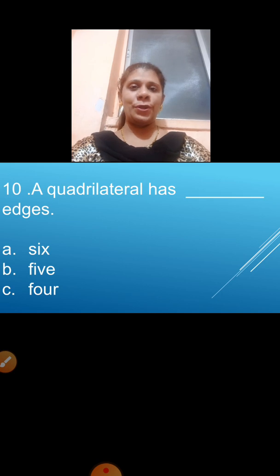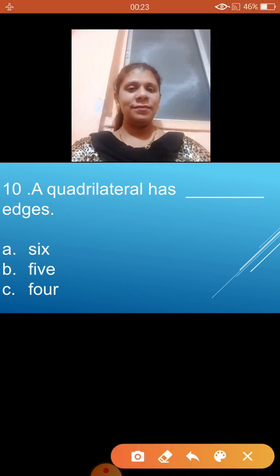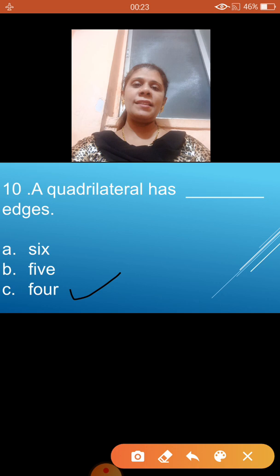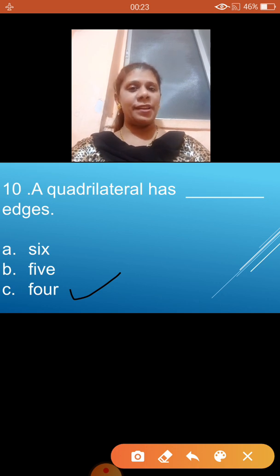Which option you are going to take, children? Think. A quadrilateral has 6 edges? No. Then 5? No. Then 4? Yes. A quadrilateral has 4 edges.